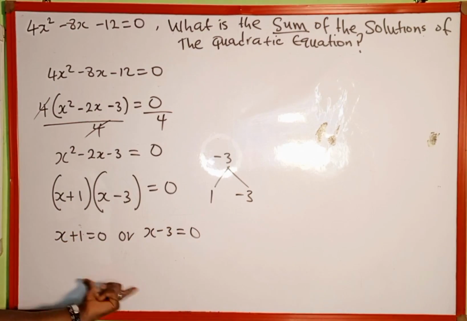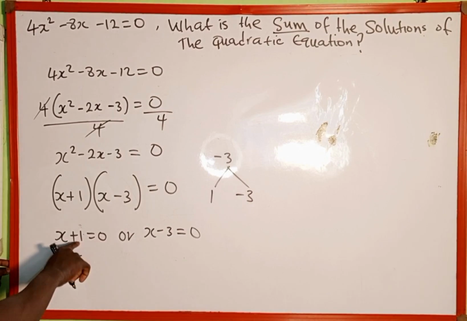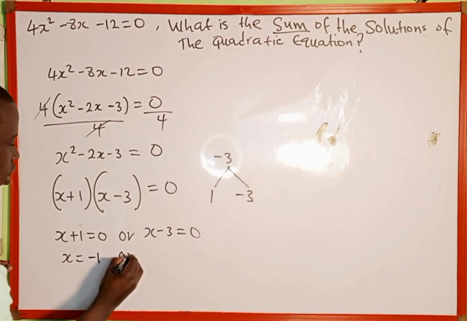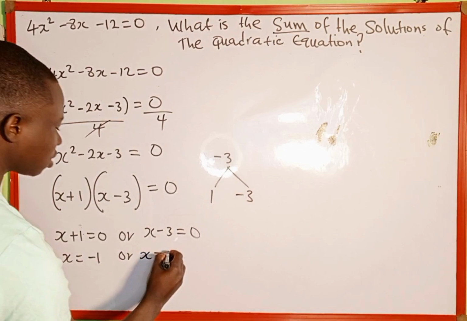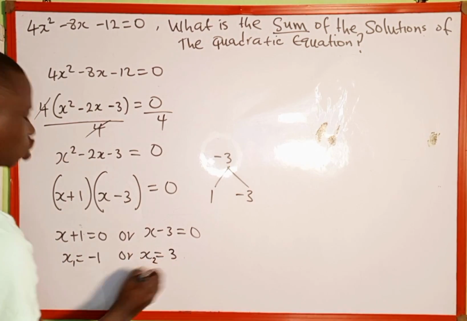Now we solve for the value of x in both. x will be equal to negative 1 when we take this 1 to the right-hand side, or x will be equal to positive 3 when we take this negative 3 to the right-hand side. So this is x1 and this is x2.